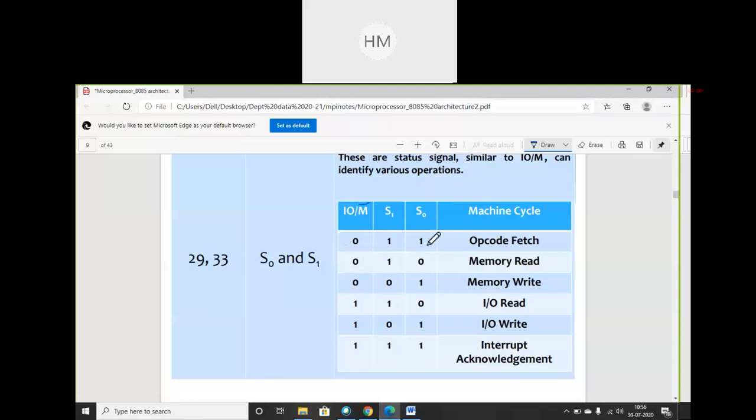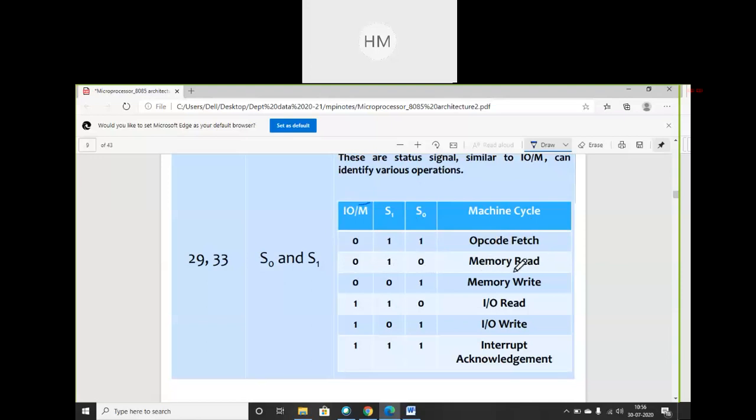Okay, then S1, S0. If both are 1, it is opcode fetch. Opcode means the instruction which I use to write a program. Like if I want to add two data bits, then I will use ADD B. Clear? So ADD is my opcode. So opcode fetch operation will take place with 0, 1, 1. Clear? Then 1, 0, it's memory read.